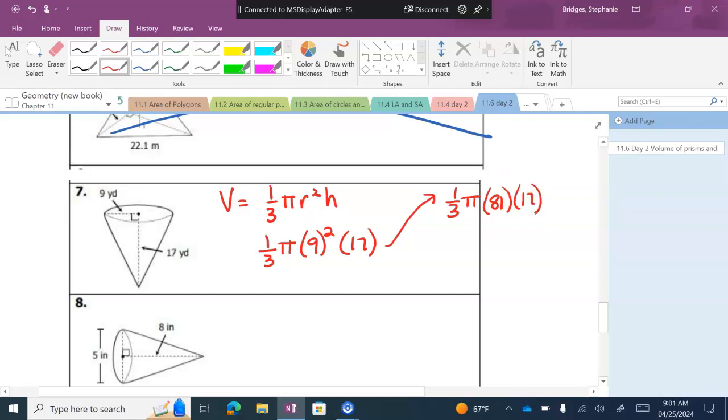And then we can just do the numerical part of it and then stick the pi on the answer. So we're going to do 1/3 times 81 times 17. And then whatever number we get for that, we're going to put pi behind it. What number did we get for that? 459 pi is going to be my volume.